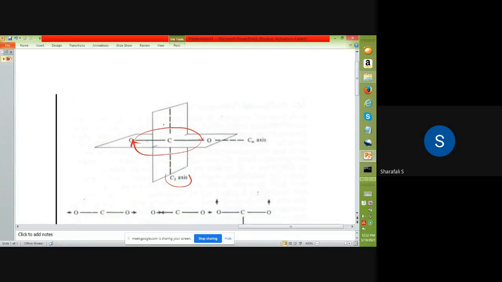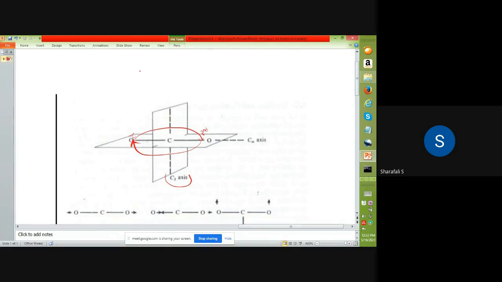Which means that if you rotate it by 180 degrees, the first oxygen will come to the second oxygen position, and the second oxygen will go to the first oxygen position, and the total molecule will have the same structure with respect to that axis.